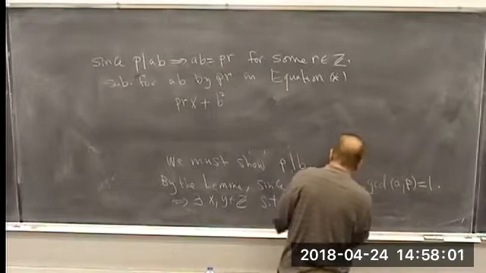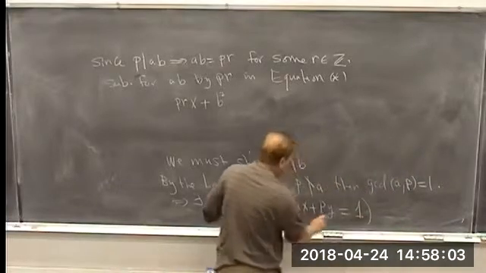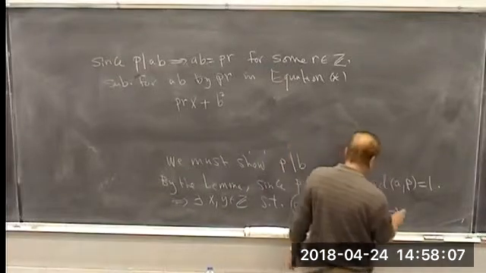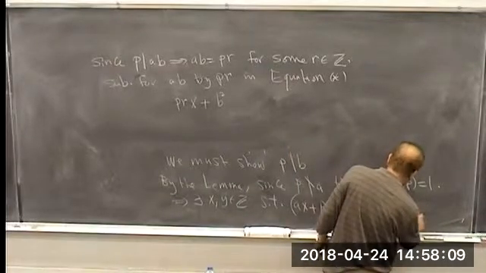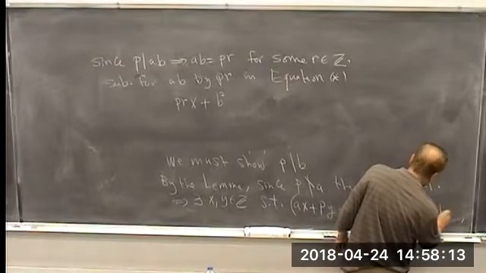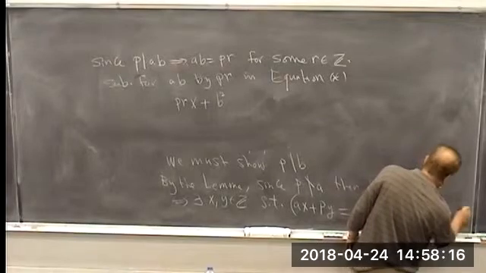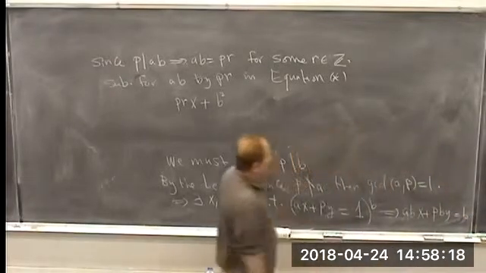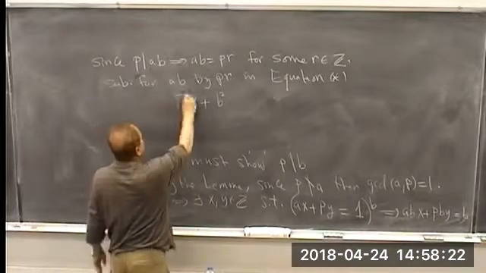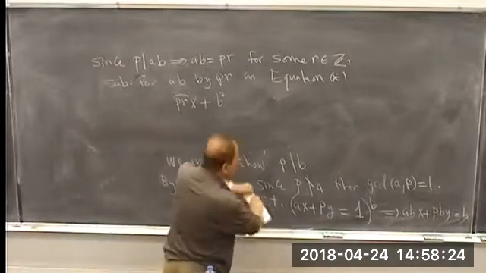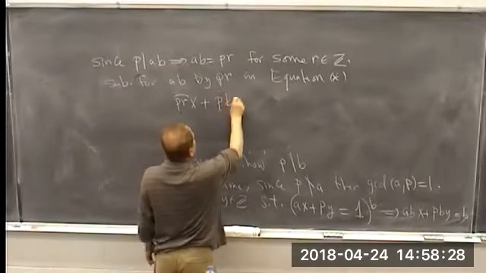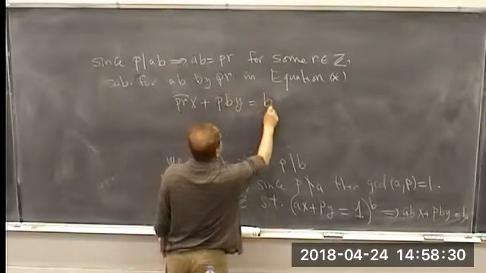So I'm going to multiply this by B, and what I get is ABx plus PBy is equal to B. All right, I'm going to substitute for AB. So this is PR, and this one has the P, PBy is equal to B.